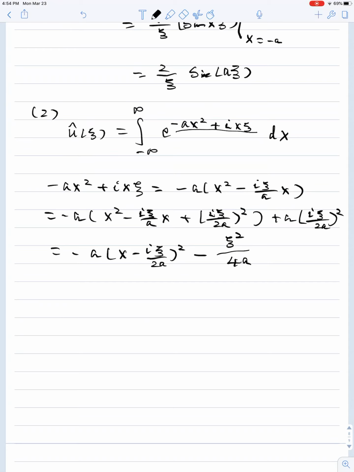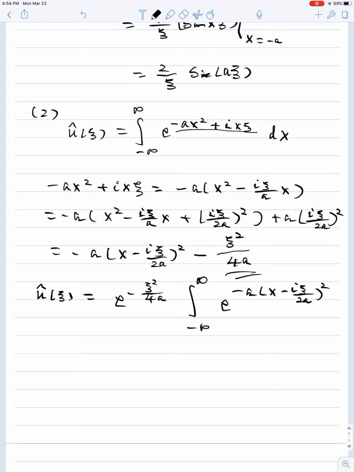So therefore, the Fourier transform is this term, which I take out of the integral sign, e to the negative xi squared over 4a, times the integral from negative infinity to positive infinity of e to the negative a times x minus i xi over 2a, squared, dx.